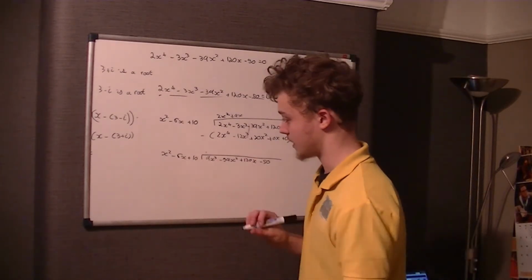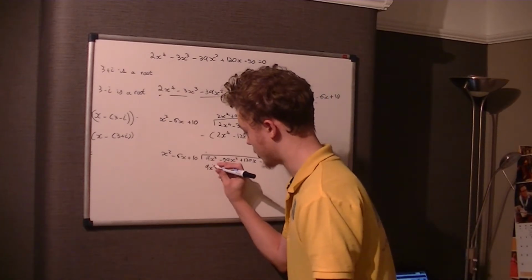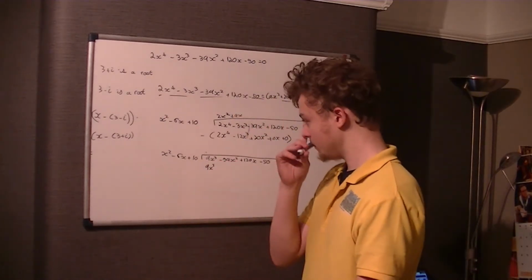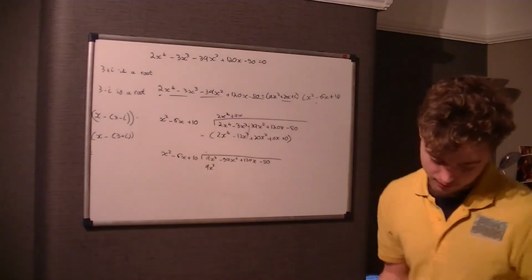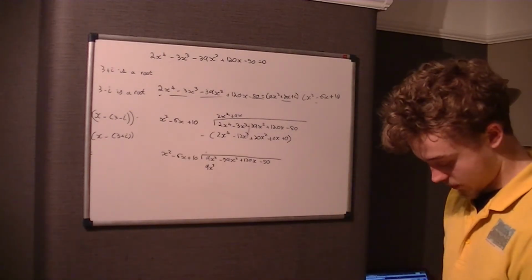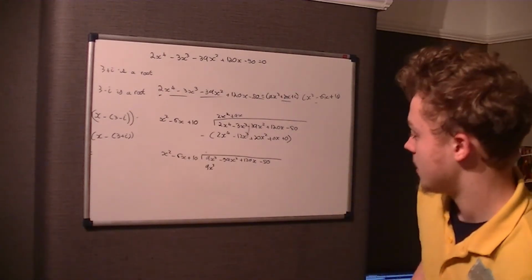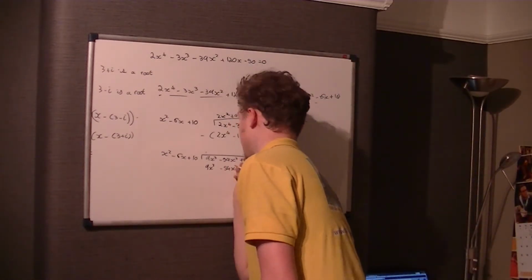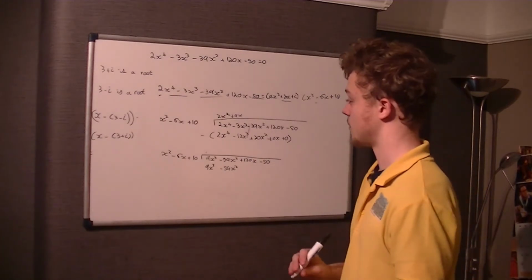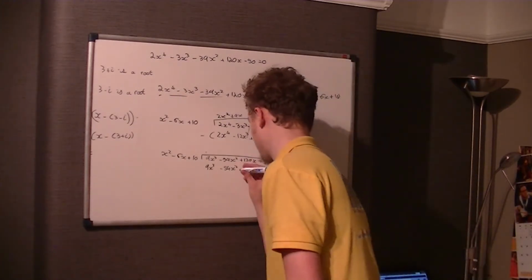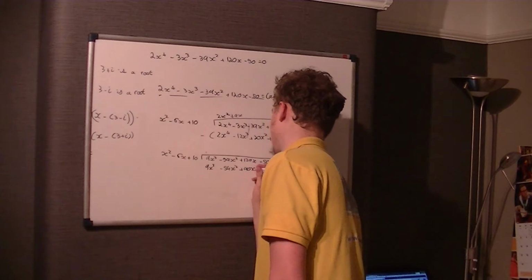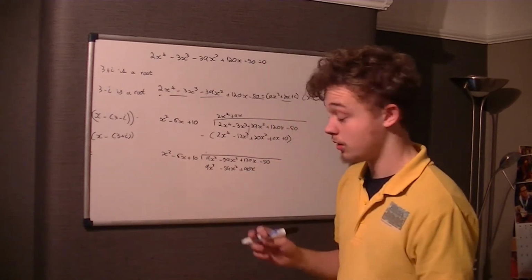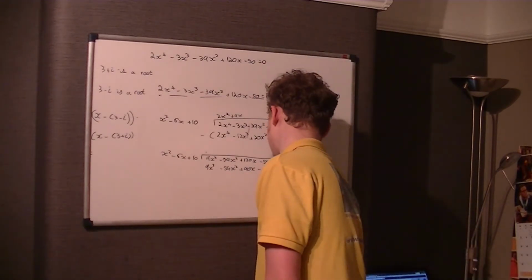Okay, so 9x times x squared obviously gets us 9x cubed, as expected. 9x times negative 6 should give us negative 54x squared, and then 9x times 10 is plus 90x, and we haven't got any single numbers, so it's just plus 0.